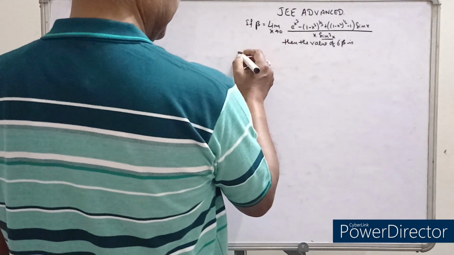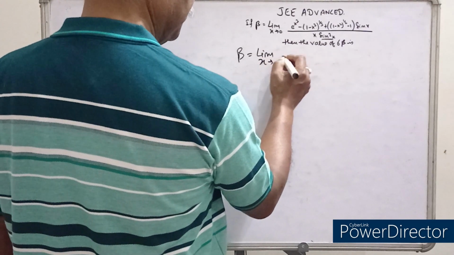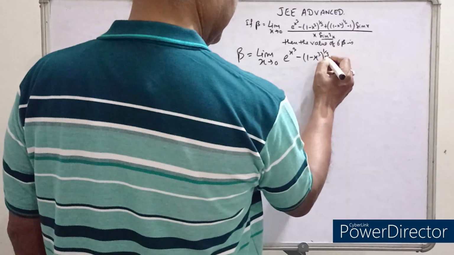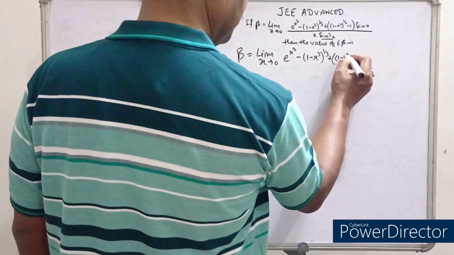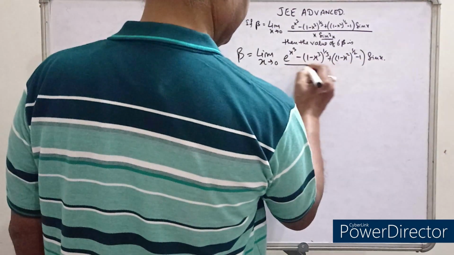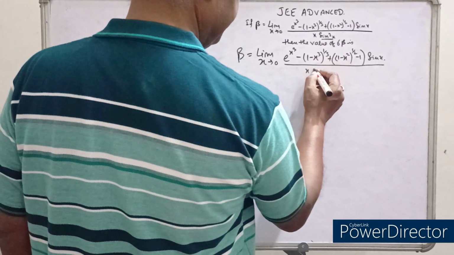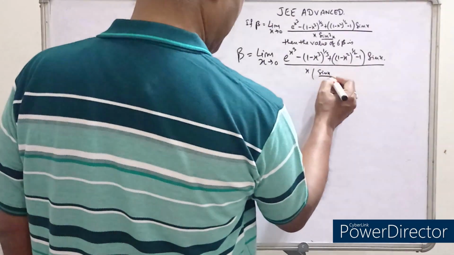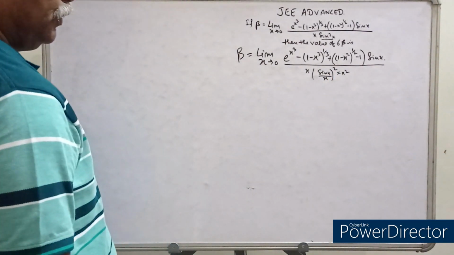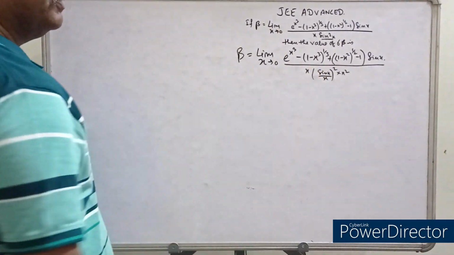Here beta is equal to the limit as x tends to 0 of [e^(x³) − 1 − x³ to the power 1/3 + (1 − x²) to the power 1/2 − 1] sin x, divided by x. Here I write (sin x / x) squared times x squared. If x tends to 0, this becomes 1, so I have removed this term.